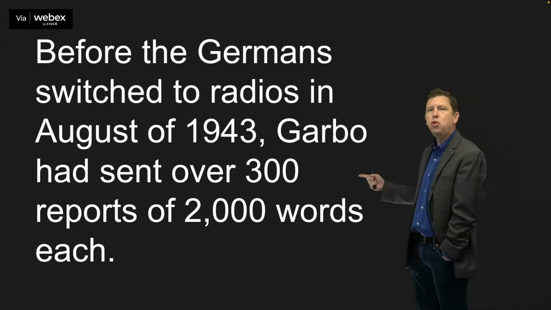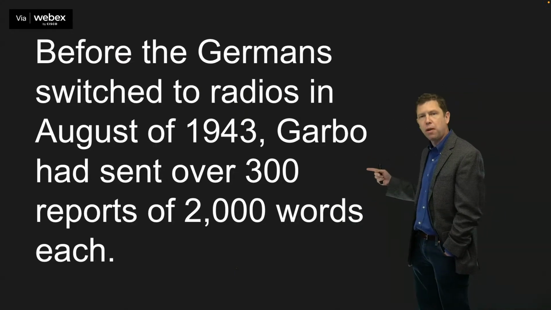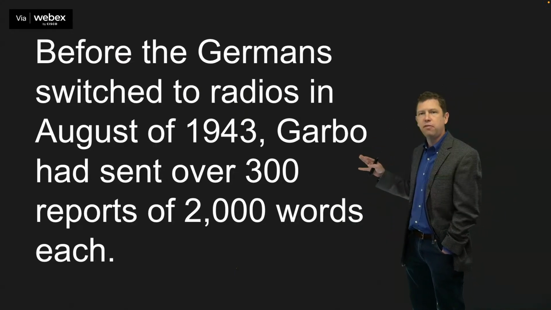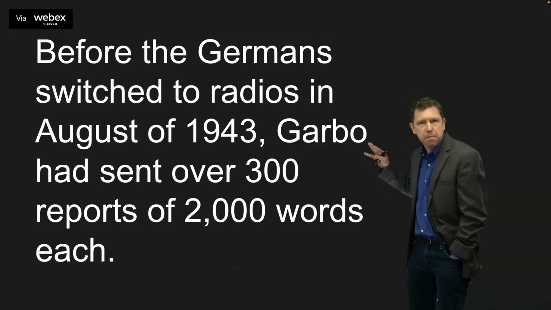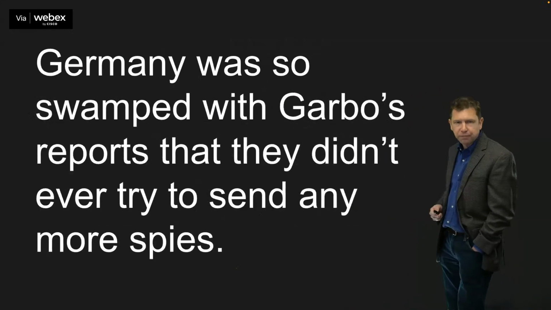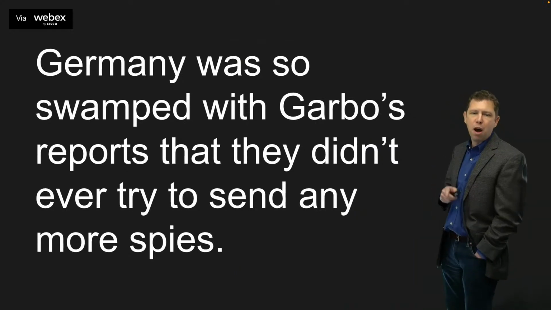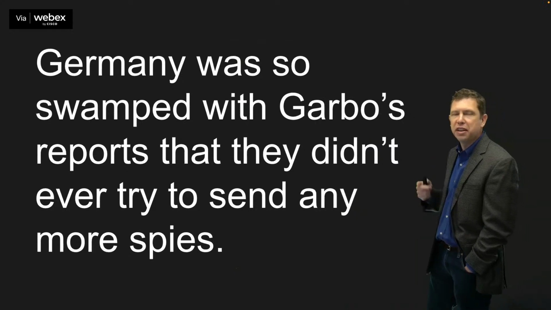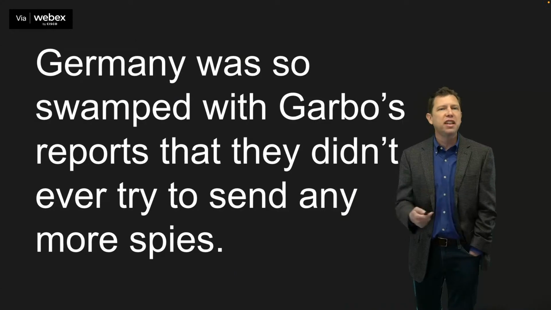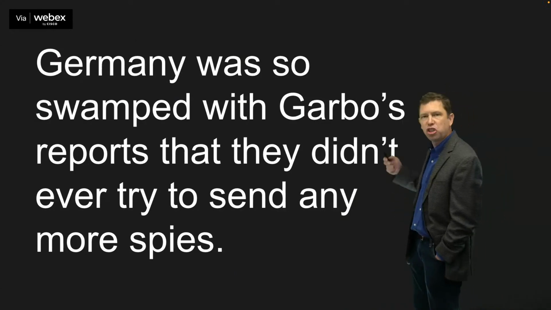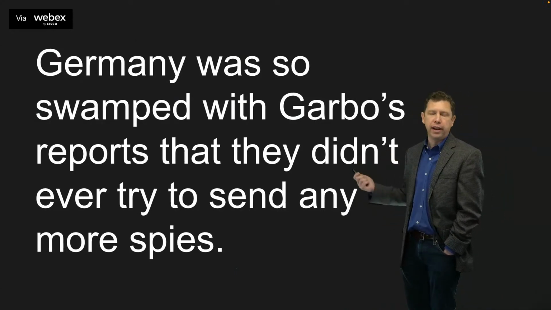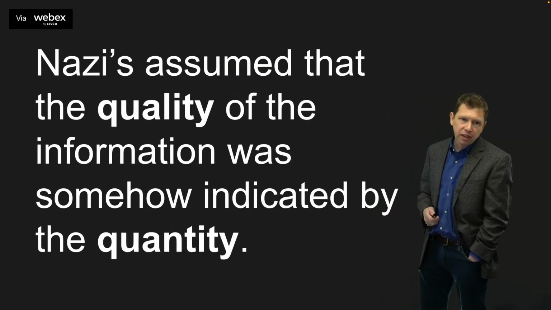But that is a huge amount of information, particularly coming from one person. If this guy had started writing novels, I would be amazed at how much he would be able to produce. Germany was so swamped with Garbo's reports that they didn't ever try to send any more spies. There wasn't any reason to send anybody else because there was so much information coming. They're like, we couldn't handle any more spies anyway.